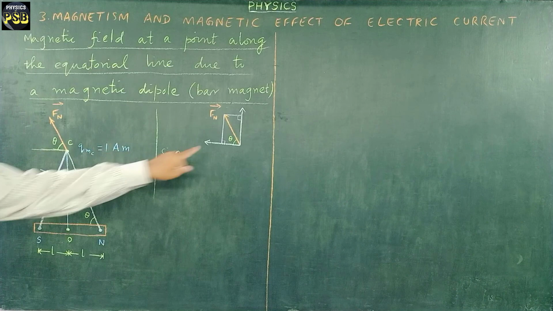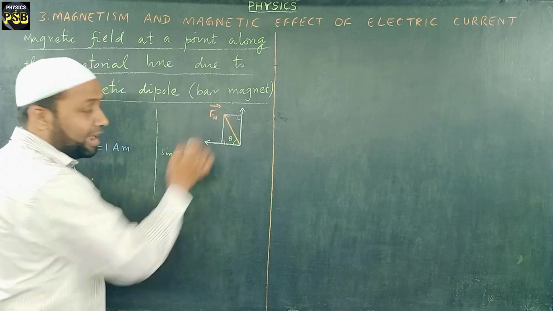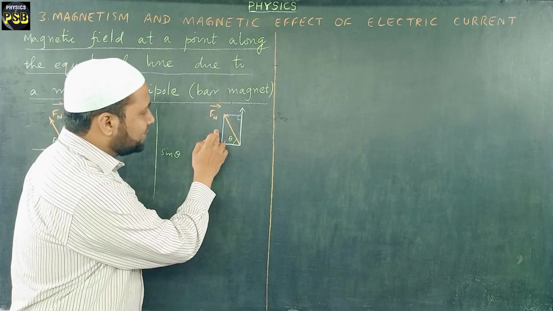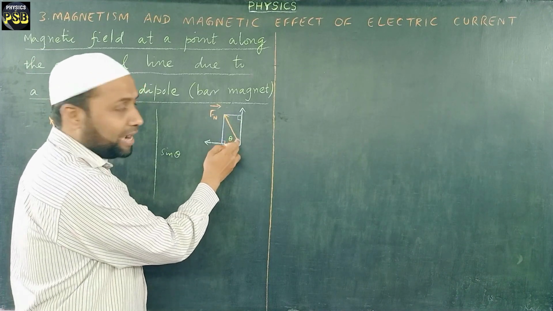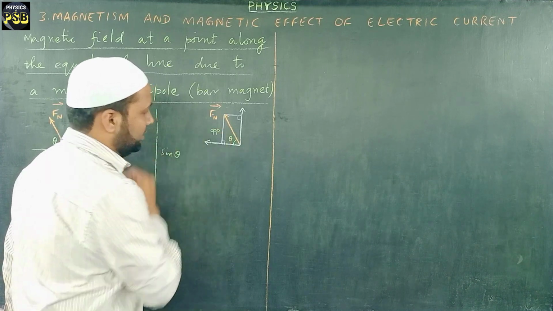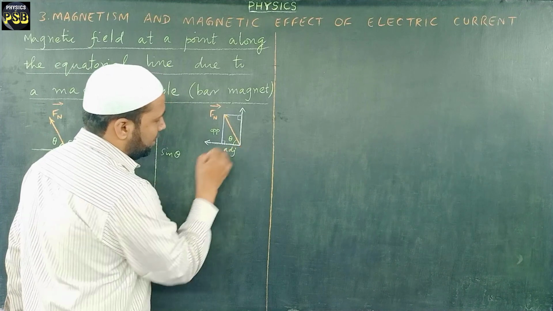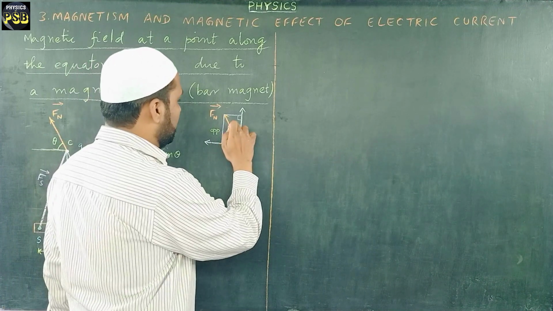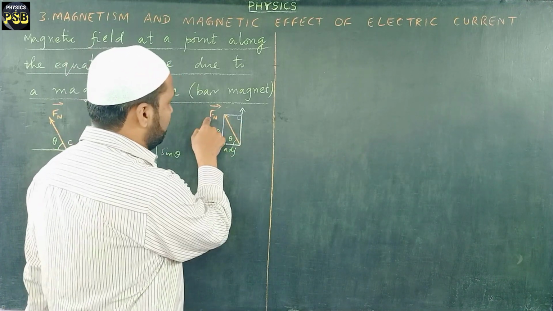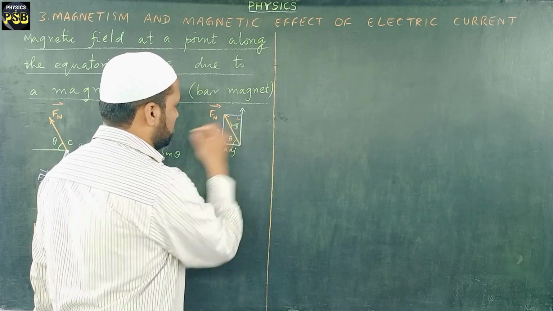Clear? This is what I have taken here. Now, in this right angle triangle, the side just opposite to the angle theta is called the opposite side. This is the adjacent side, and this one, whose value is Fn vector, is the hypotenuse.